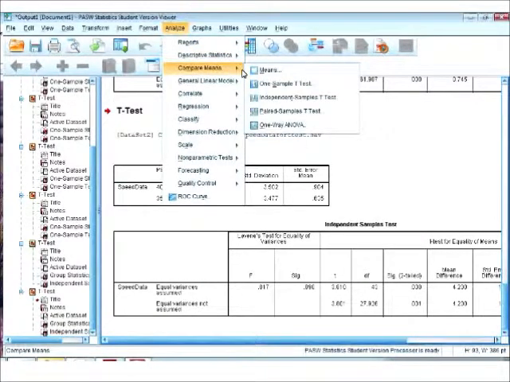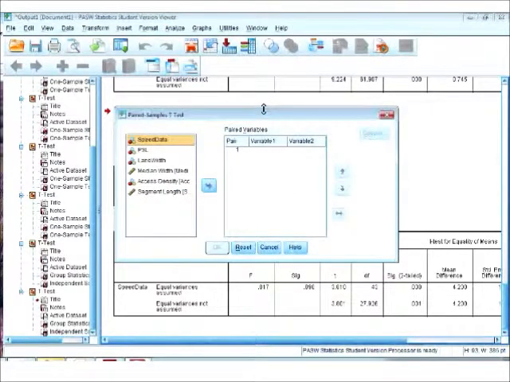Okay. And then the paired sample t-test. Now what is a paired sample t-test? Usually, there is a roadway and we go and find out the speeds of the vehicles, or we collect samples for the delays.